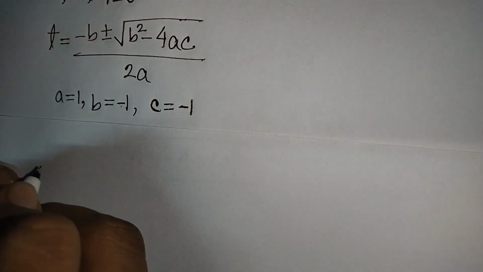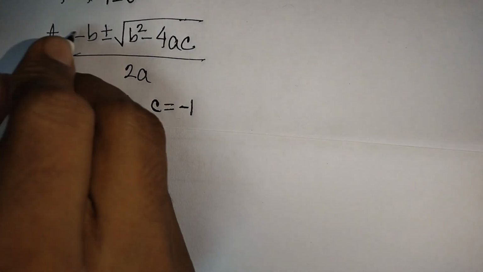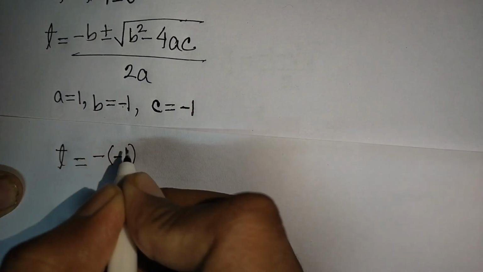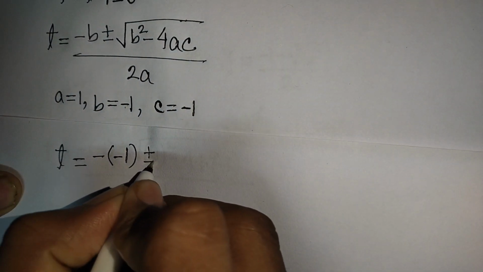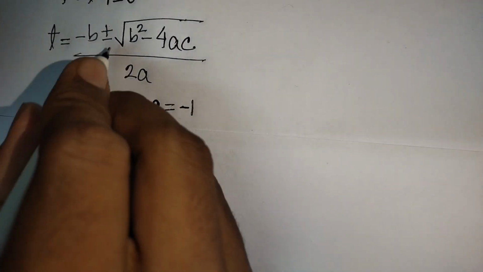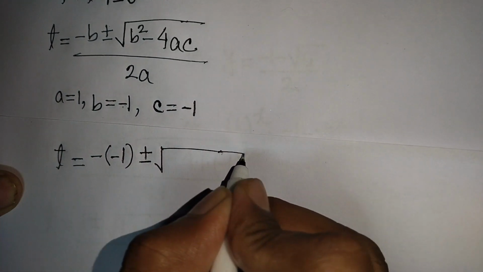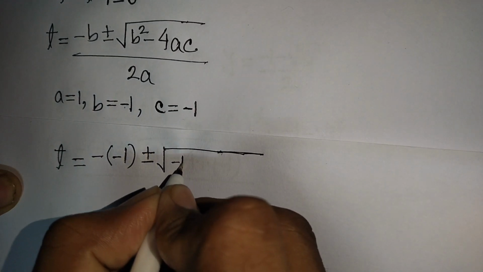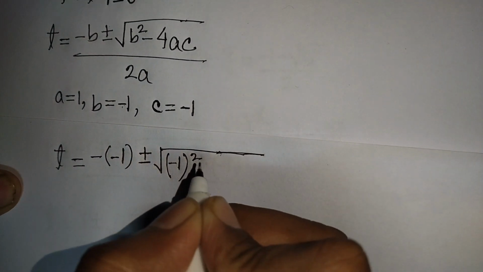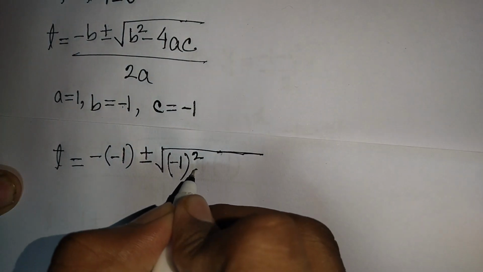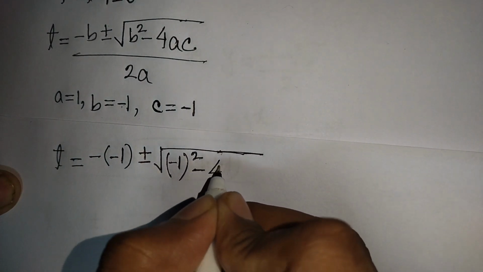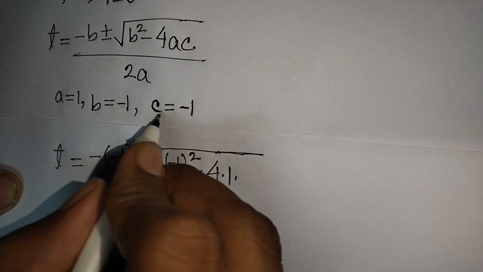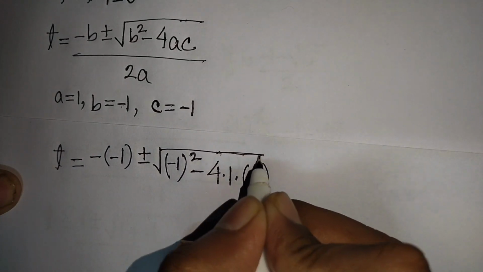Now t will be equal to minus b, that means minus (negative 1), plus or minus the square root of b squared, that means (negative 1) squared, minus 4 times a, that means 1, times c, that means negative 1.